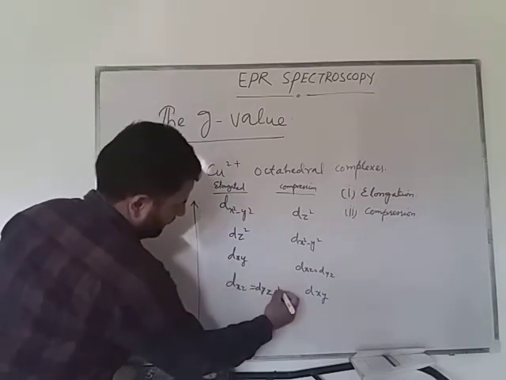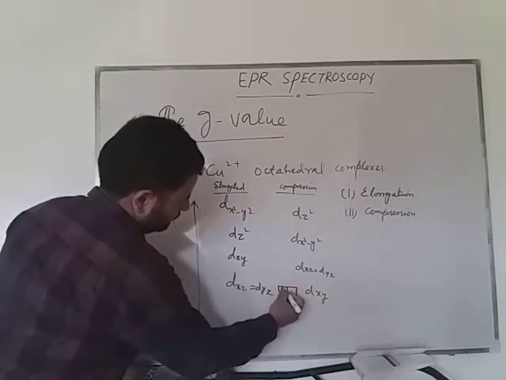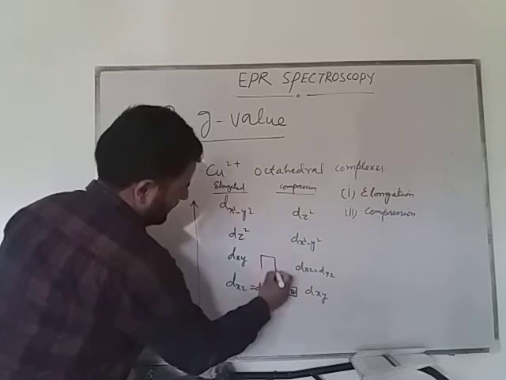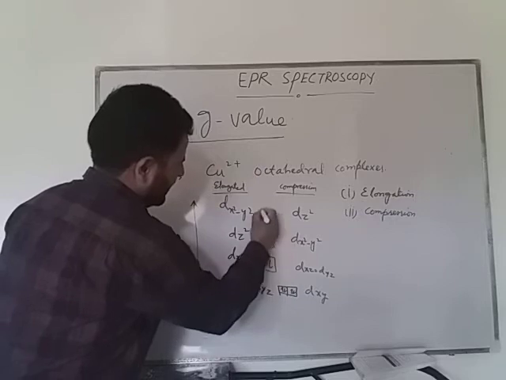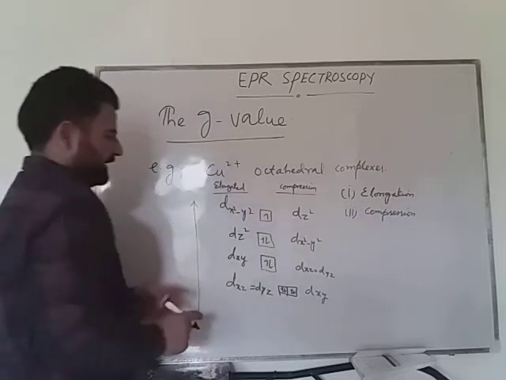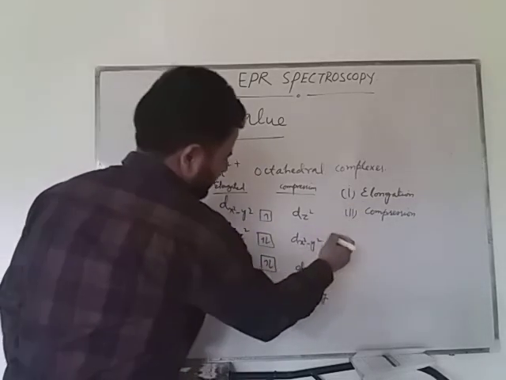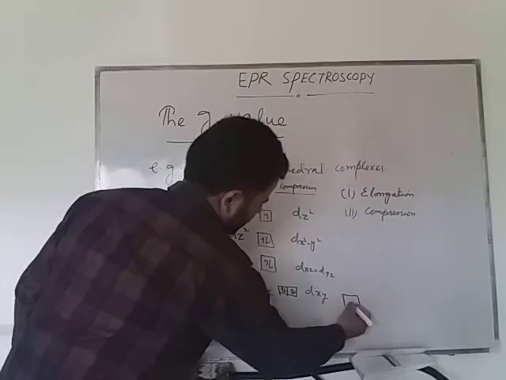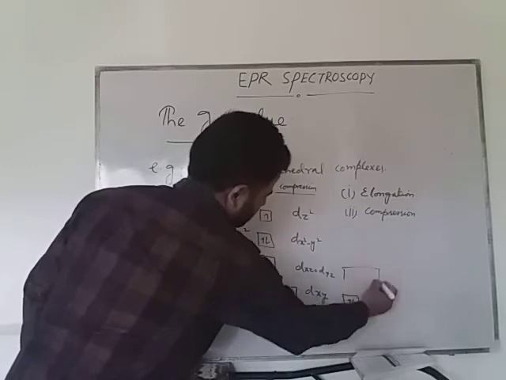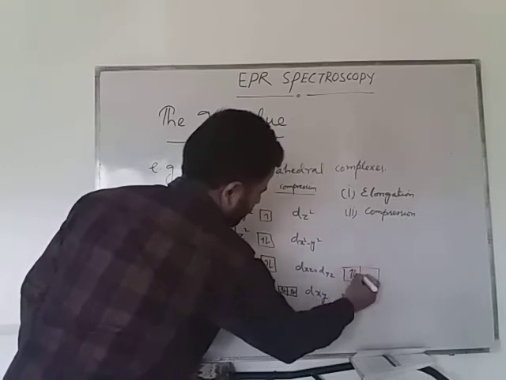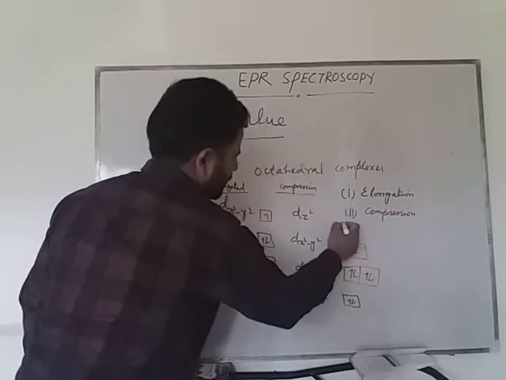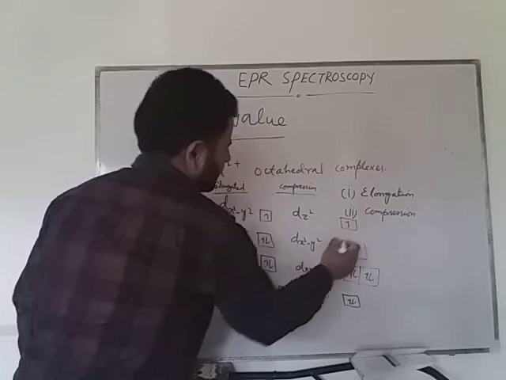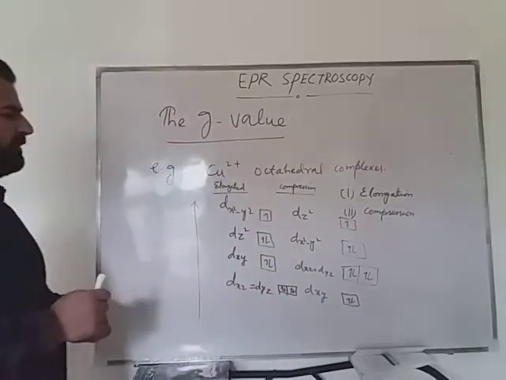For example, 4 will be here, 2 will be here, 2 will be here, and 1 will be here in this case. And in this case, the 2 will be in this orbital, 4 will be in this orbital, 2 will be in this orbital, and 1 will be in the dz square orbital.